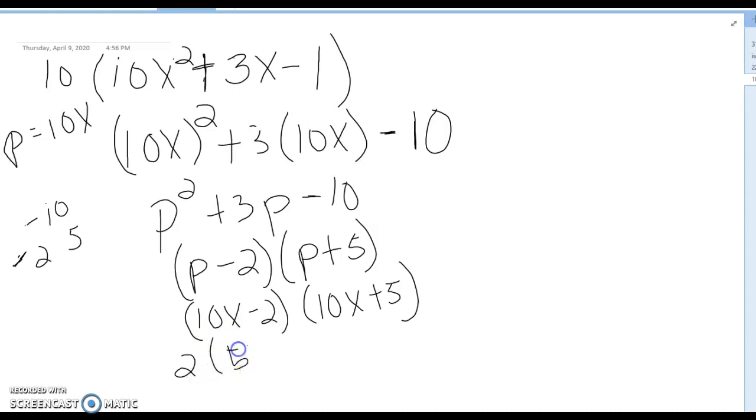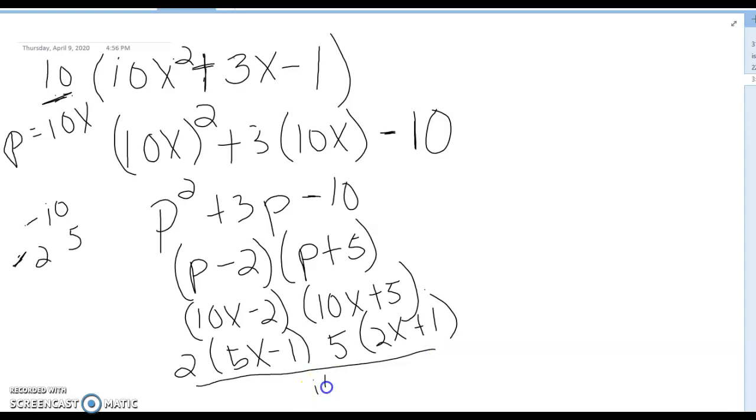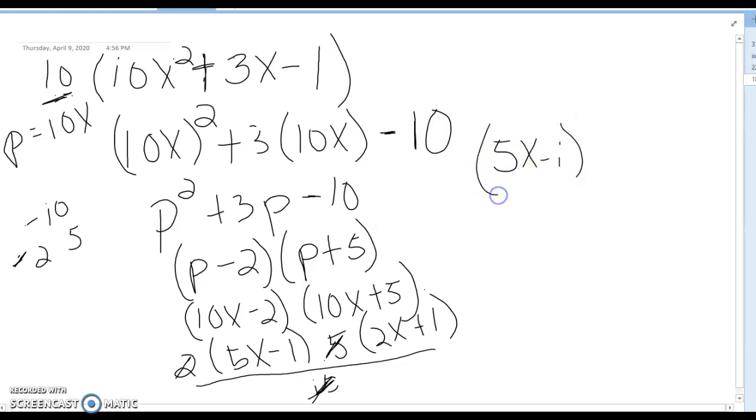So I have 5x minus 1. And over here, I can factor out a 5, and I will have 2x plus 1, right? And now I look back, what did I do in the very beginning? I multiplied by 10, which means I have to divide the whole thing by 10, and that's where this 2 and the 5 come in, because 2 times 5 is 10. So I'm dividing by 10 and dividing by 10, which leaves me 5x minus 1 times 2x plus 1.